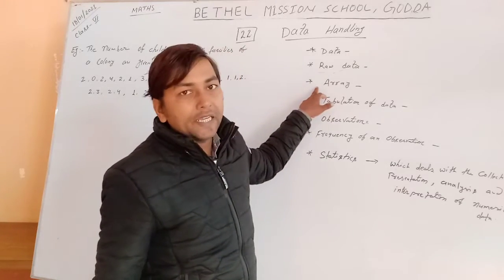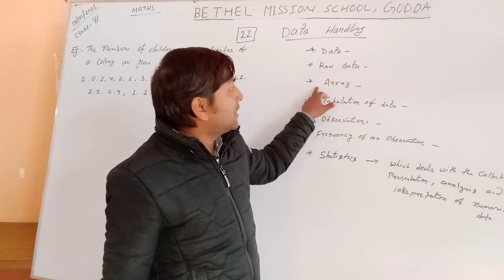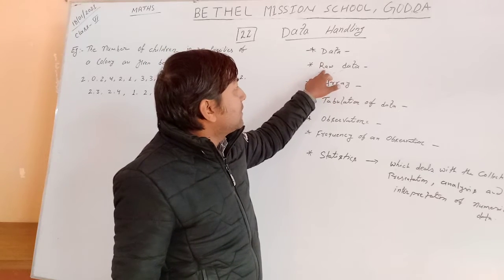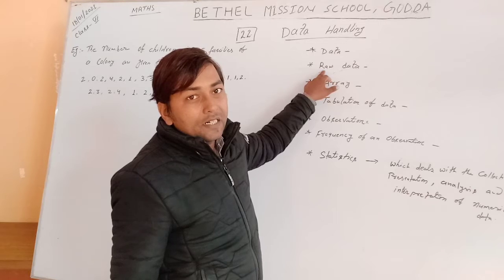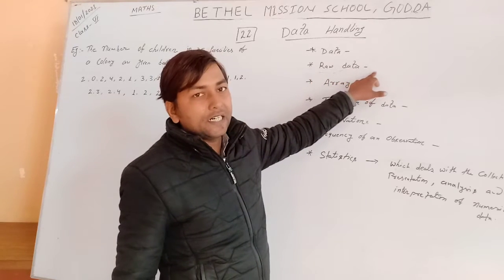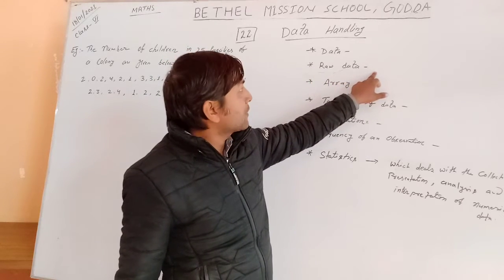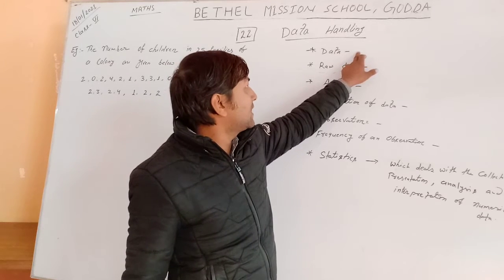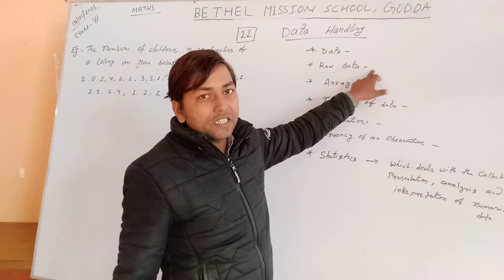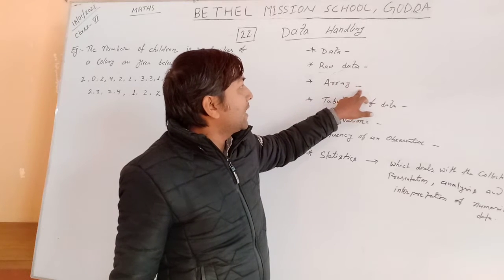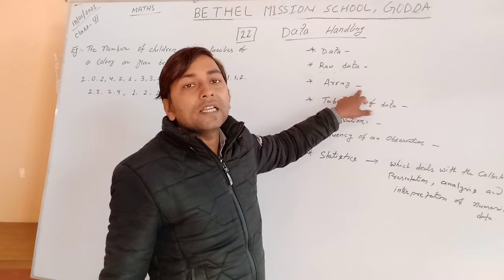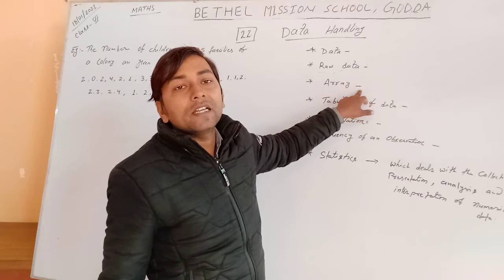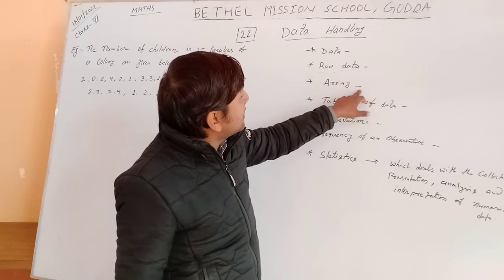Original data whatever is given, numerical figures, is the raw data. And when you arrange the data in ascending or descending order, that is an array.